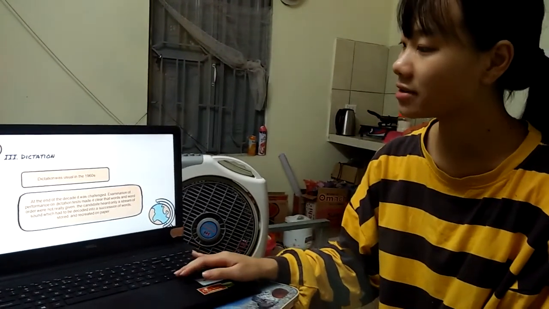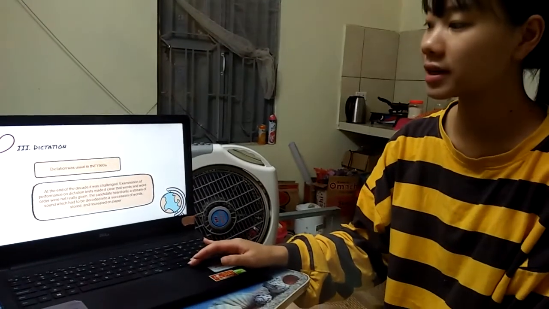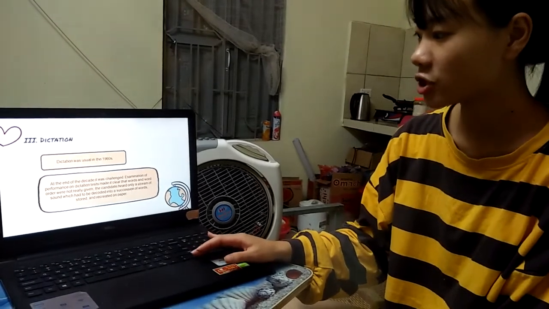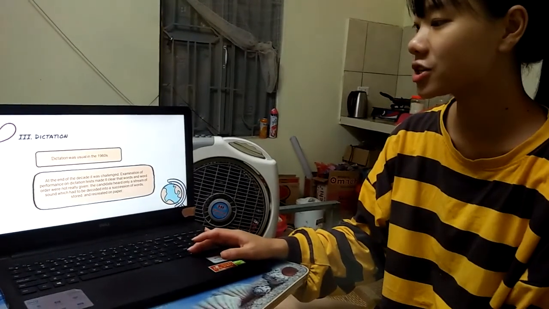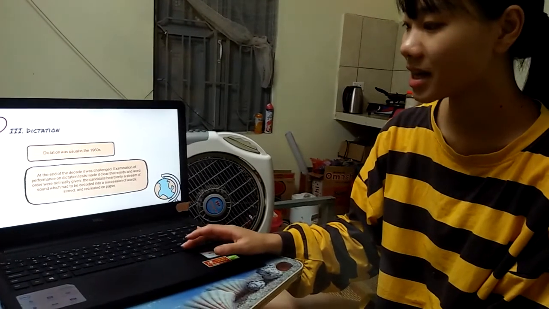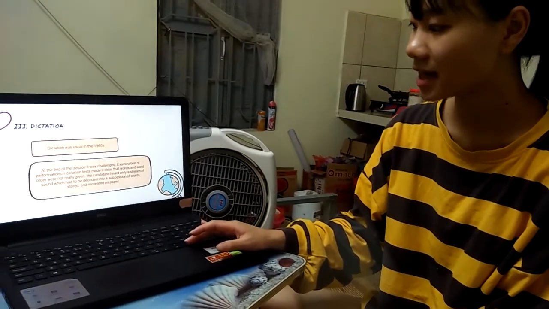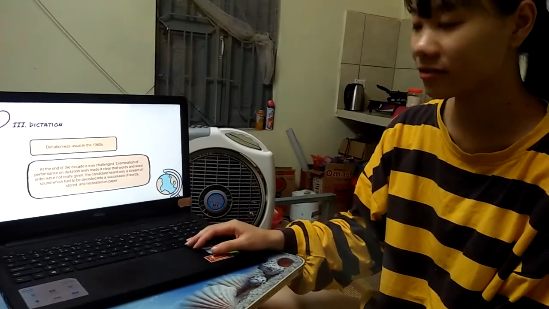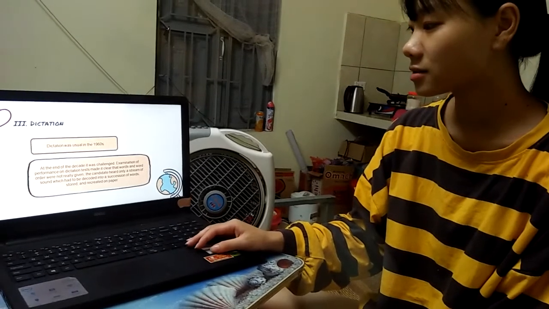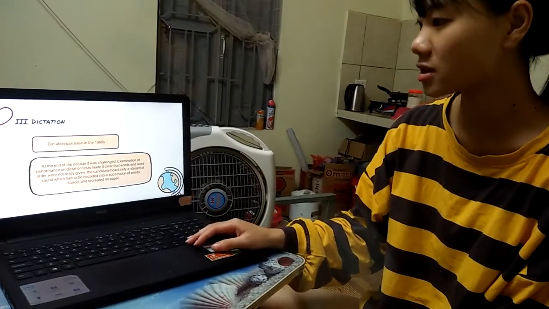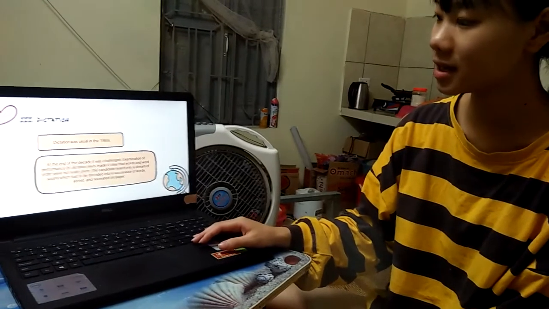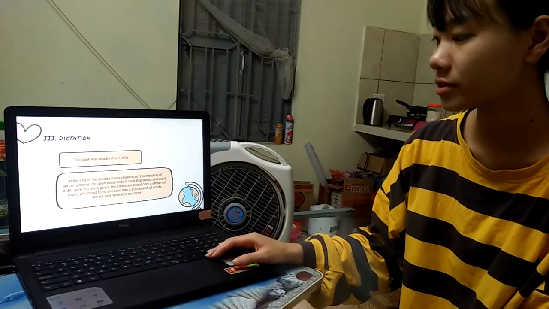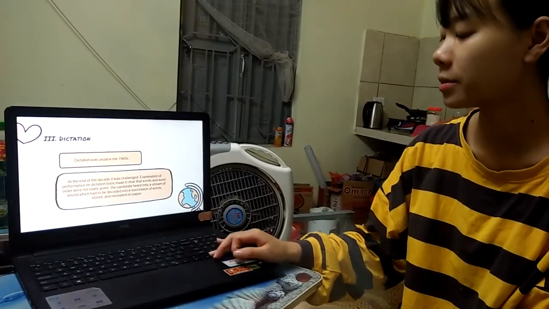Next part is dictation. Dictation was usual in the 1960s. At the end of the decade, it was challenged. Examinations of performance on dictation tests make it clear that word-for-word orders were not really given. The candidate hears only the chance of the stream of speech, which will have to be decoded into the succession of words and recreated on paper.